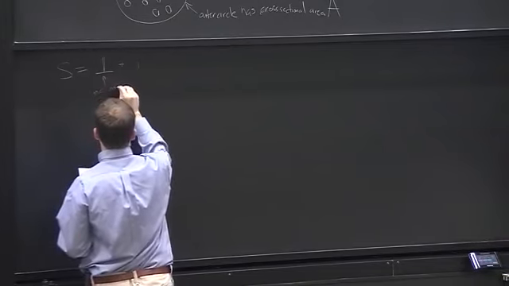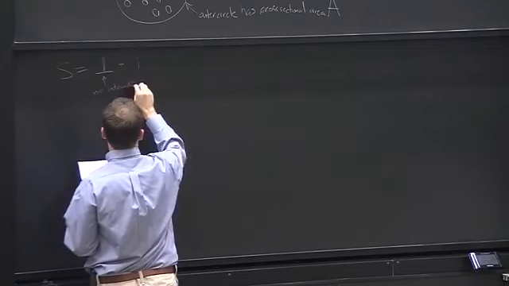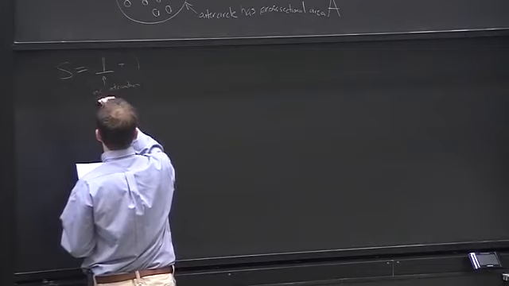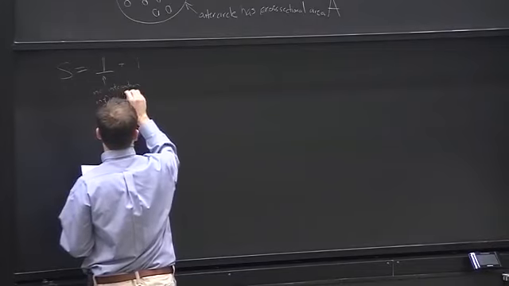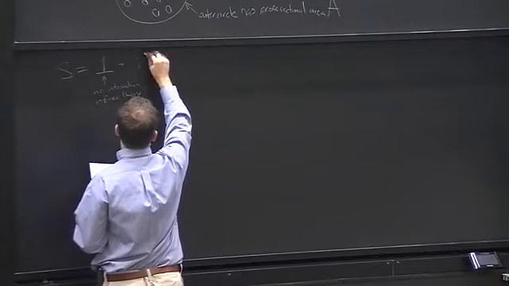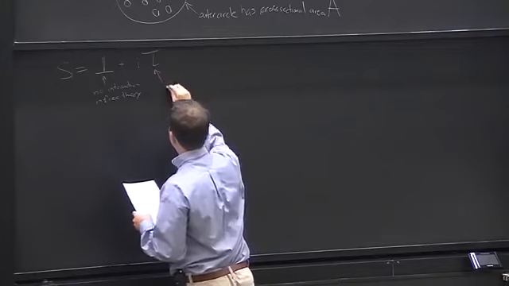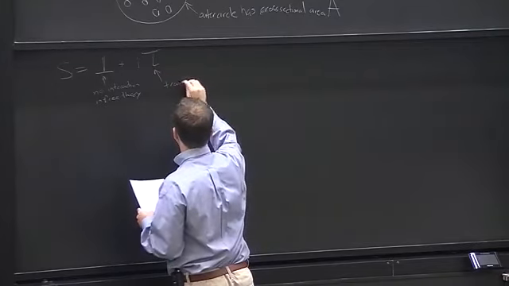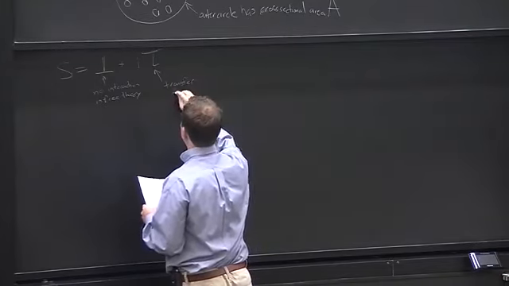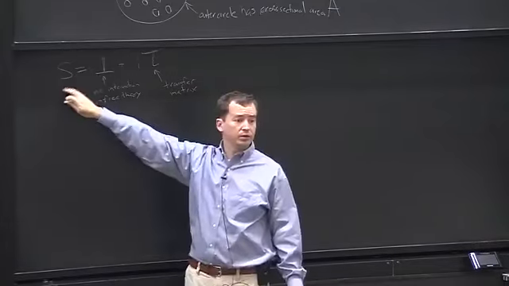So it's useful to separate out the interesting physics from the trivial physics. There's no interactions in a free theory. And this T here is what's known as the transfer matrix. And it's defined like this.